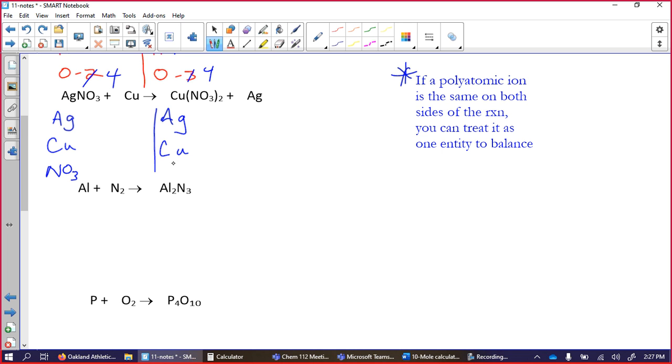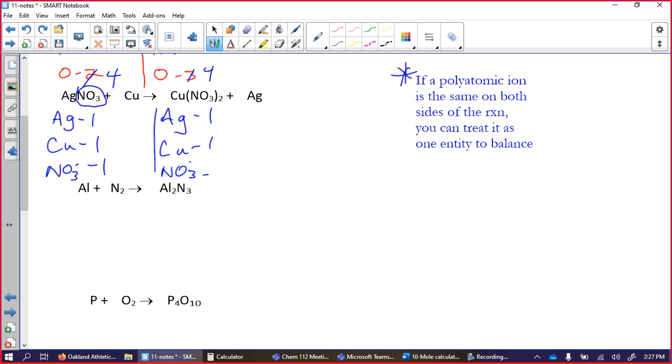because this doesn't change, and when we're balancing, technically it's NO3 minus, but the atoms are different. It's silver plus and all that, but it's types, 1 silver, 1 copper. As a group, there is 1 NO3, 1 silver, 1 copper.